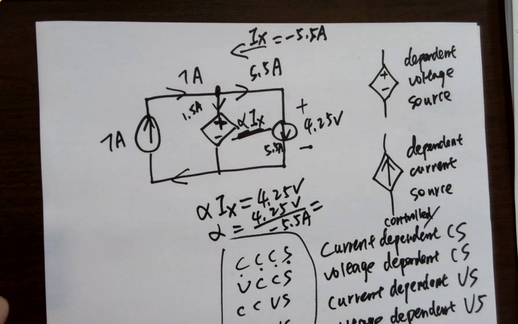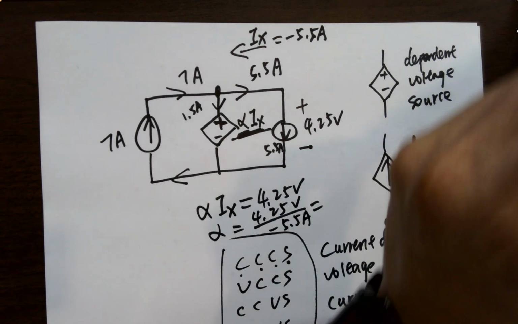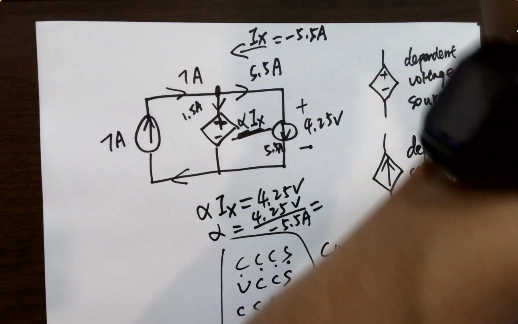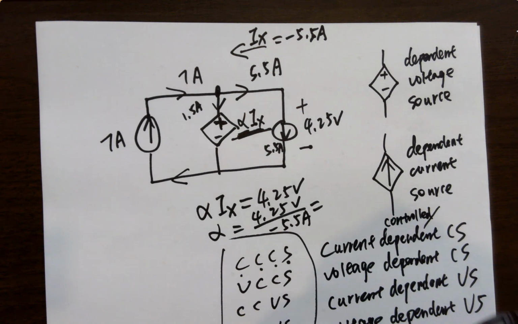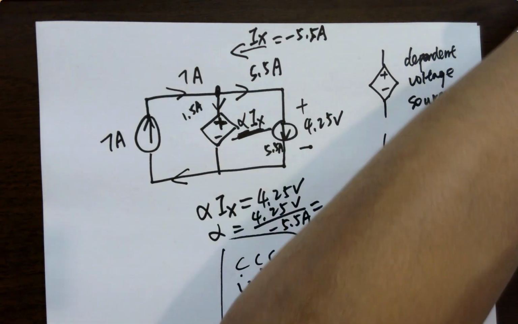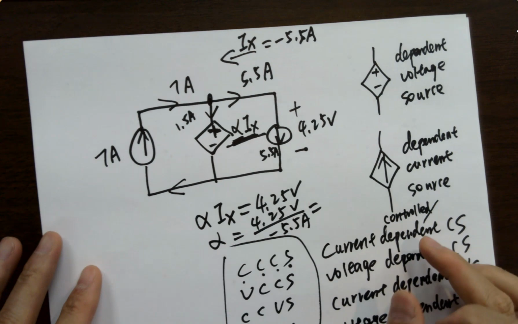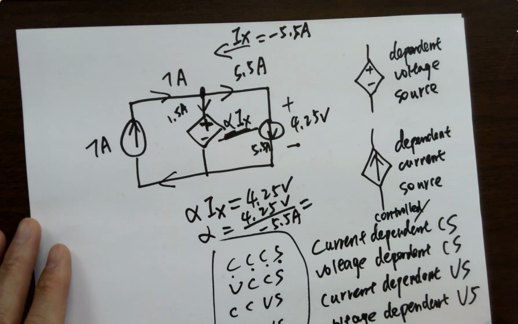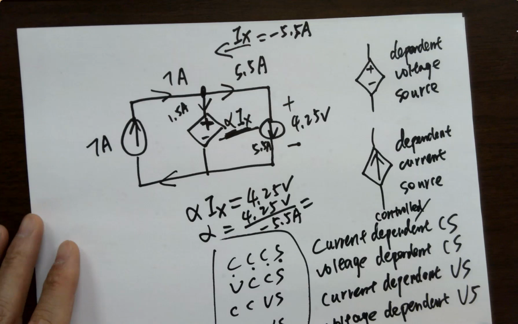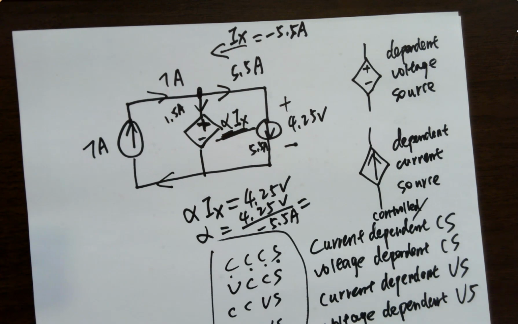Okay? Another problem. Should it be a minus 1.5 amps? Ix is what?